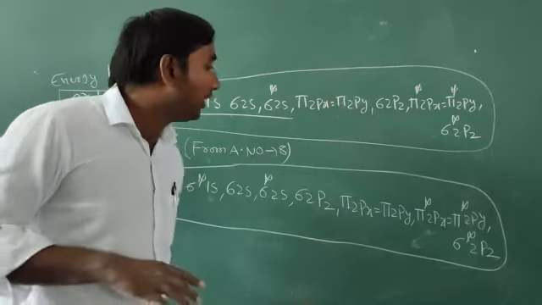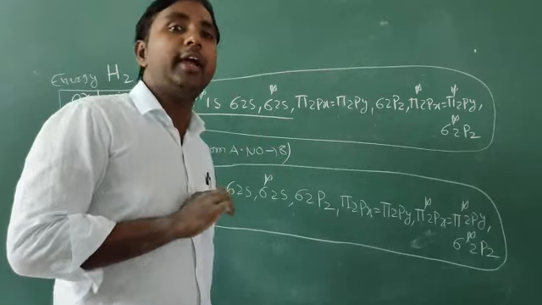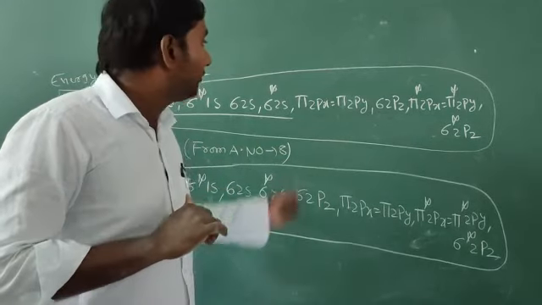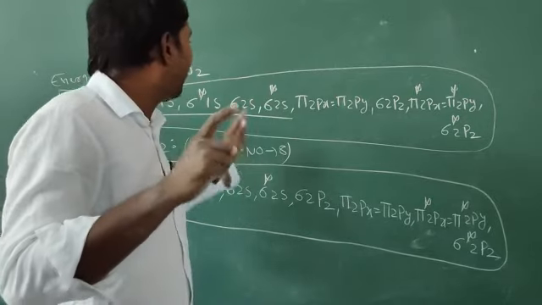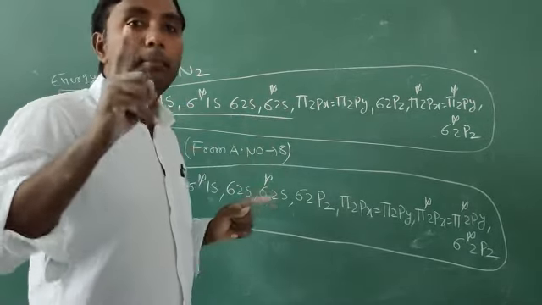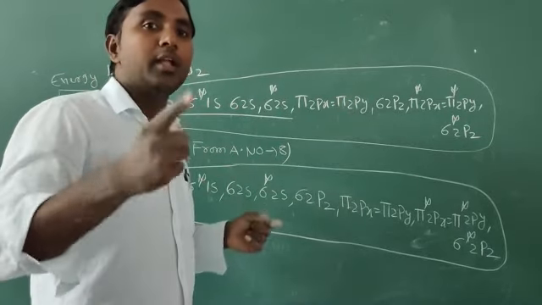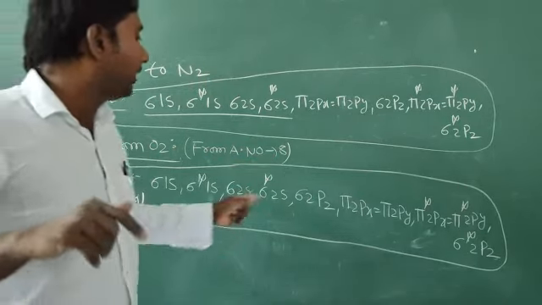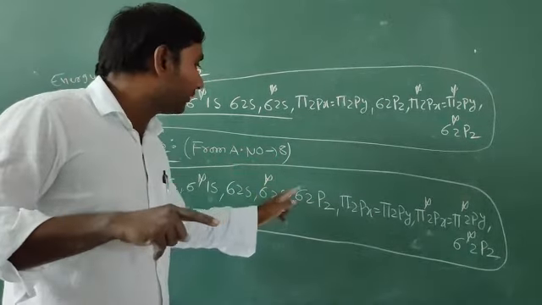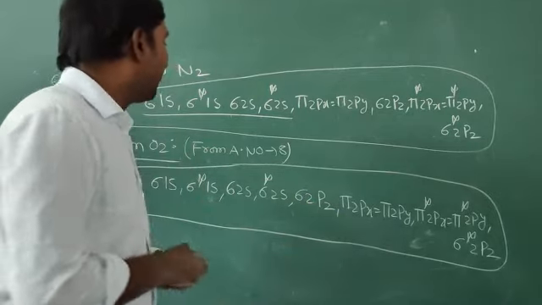This is the energy order, the energy diagram. This order you should remember. Up to nitrogen, after sigma star 2s, pi 2px and pi 2py come, then sigma 2pz. From the oxygen molecule, after sigma star 2s, sigma 2pz comes, then pi 2px and pi 2py.